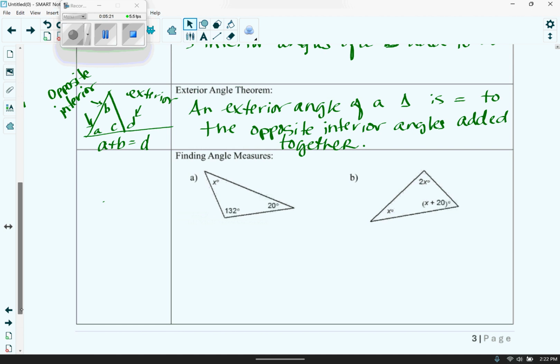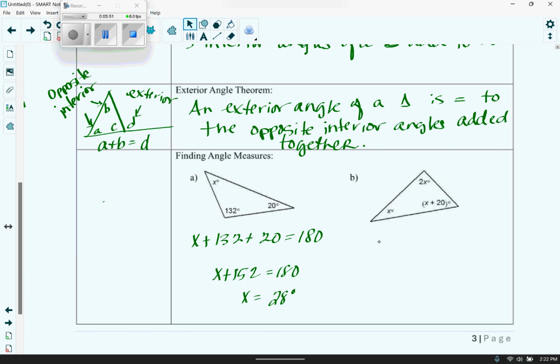And then we have a couple of sample problems here. We're going to have a couple of each. These first two are the interior sums. So the triangle sum theorem says that x plus 132 plus 20 equals 180 degrees. When I solve this, I get x plus 152 equals 180, so x equals 28 when I take away 152 from both sides.